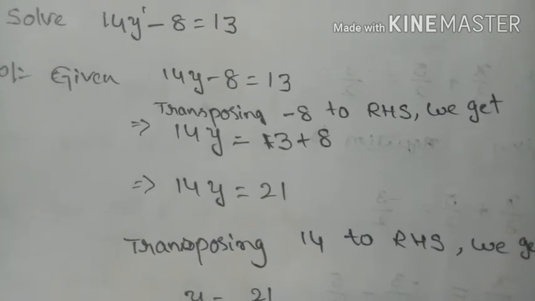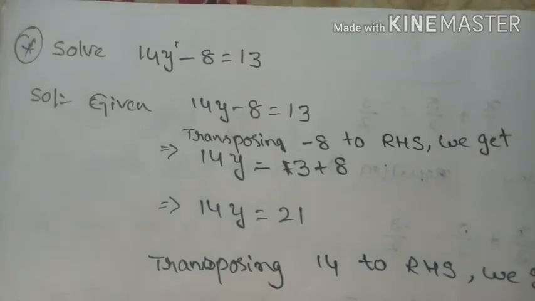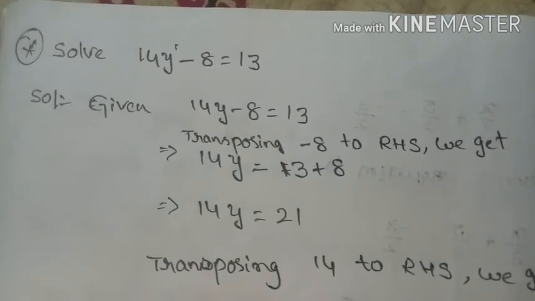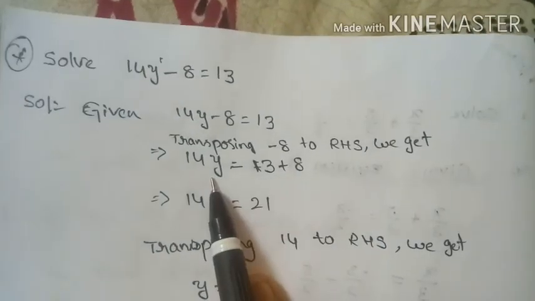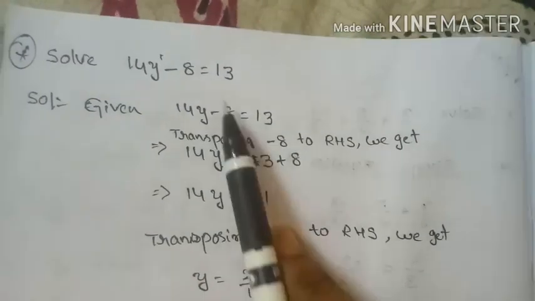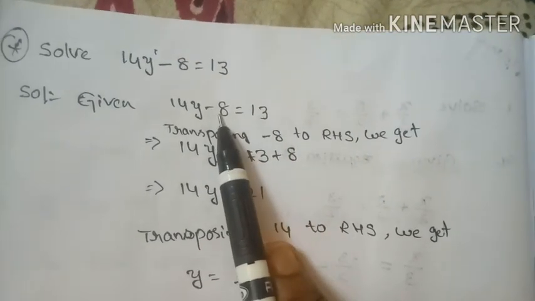14y minus 8 is equal to 13. First of all, separate the variable values and constant values. That means we should keep the variable values on the left hand side only. So here I kept 14y on the LHS. The constants are minus 8 and 13.